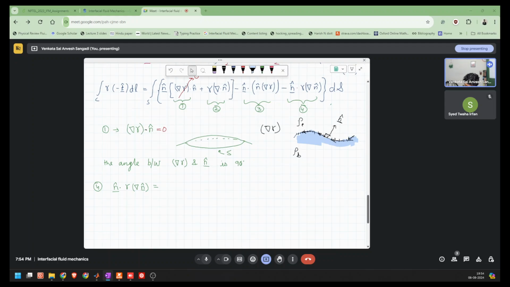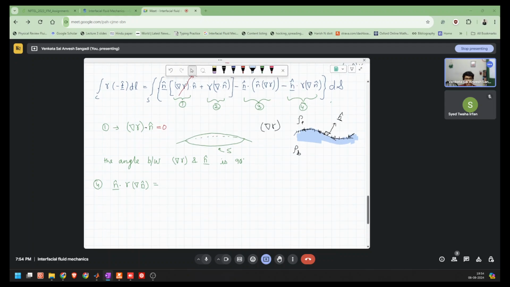Okay, now is it okay? I've not made any mistake. Yes, okay. So now here gamma is a constant. So I'll write gamma first, and then we have n cap dot of n cap.